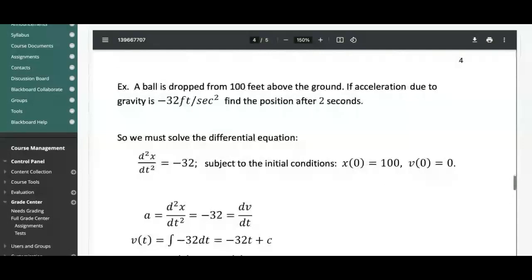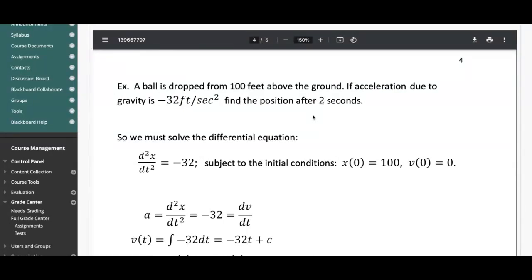Let's see this example. A ball is dropped from 100 feet above the ground. If acceleration due to gravity is a negative constant function, negative 32 feet per second squared, so this is second order acceleration, find the position after 2 seconds.